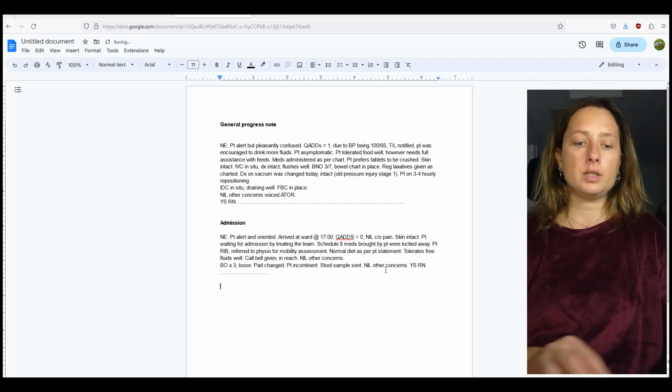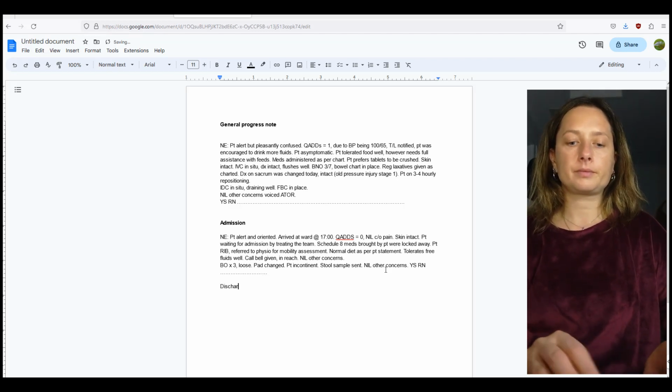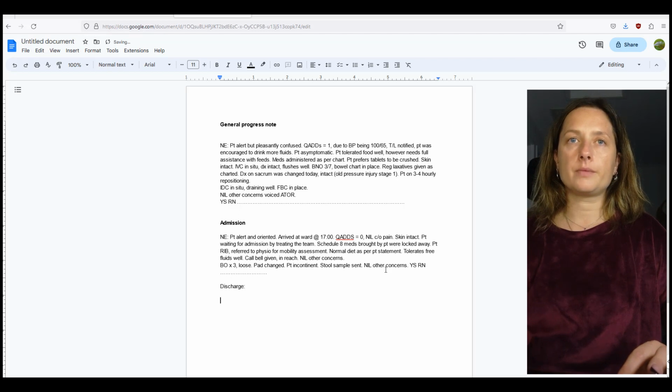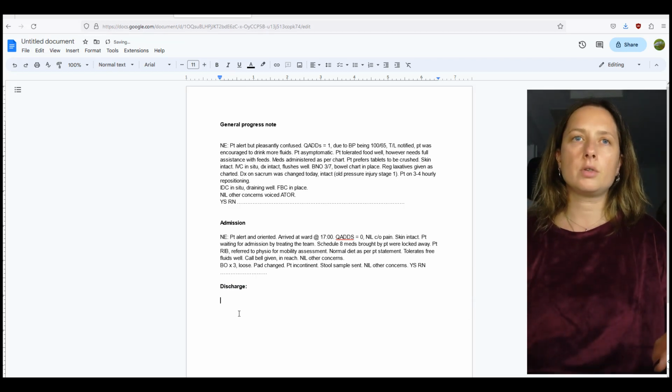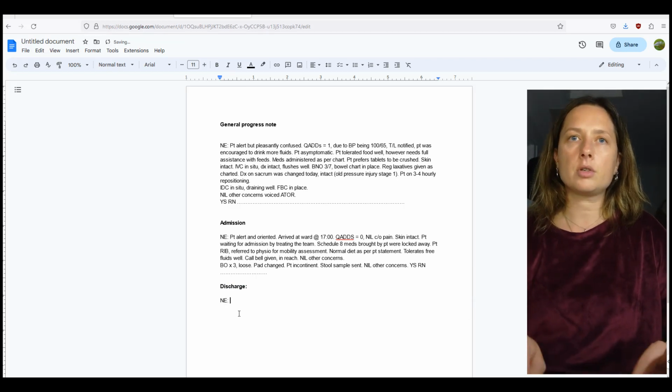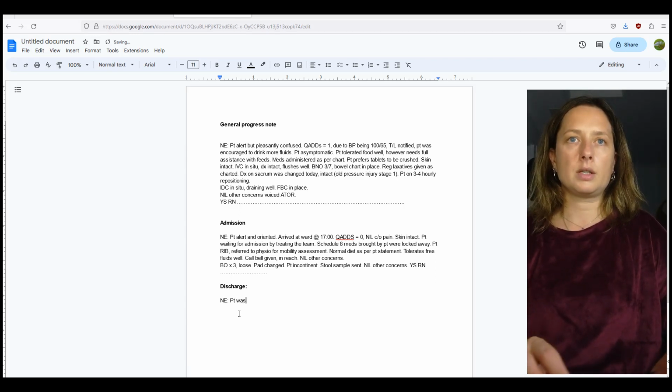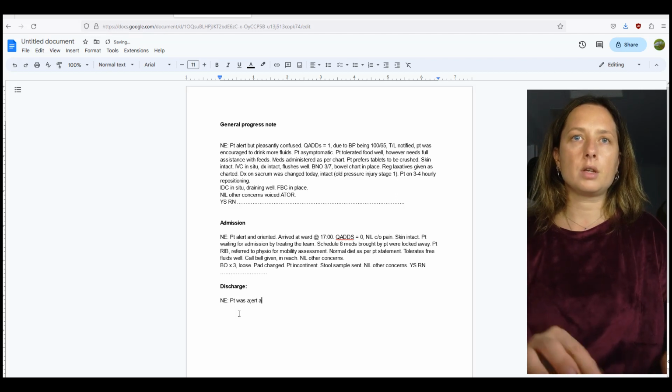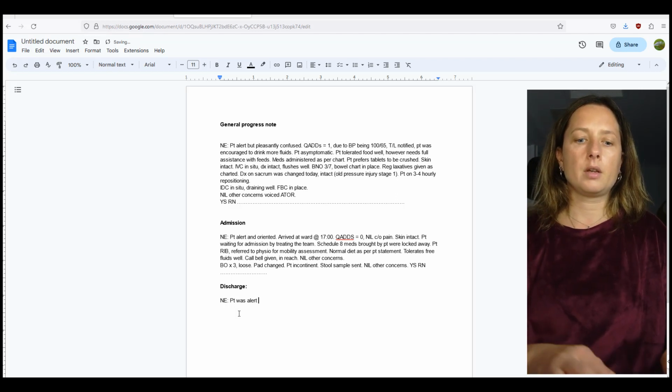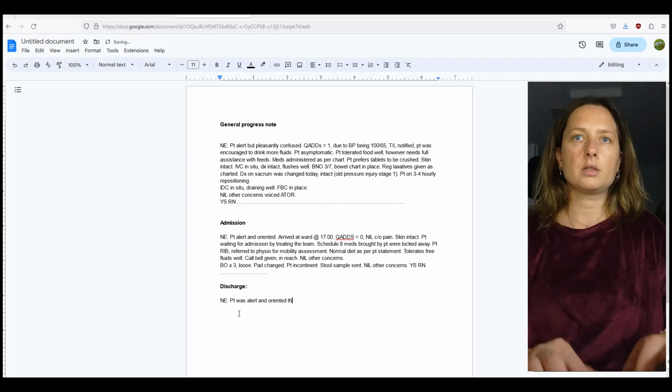Then your discharge. Okay, your discharge. This one is easy peasy as well. It's like your general note plus the discharge. So you would say nursing entry. I'm just gonna do this one really quick. Patient alert, let's say patient was alert and oriented throughout the shift.